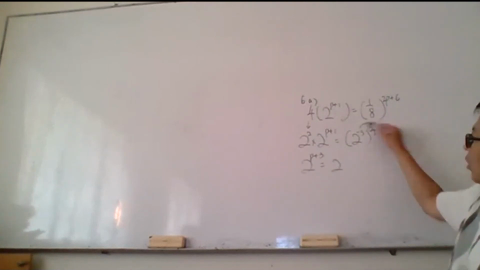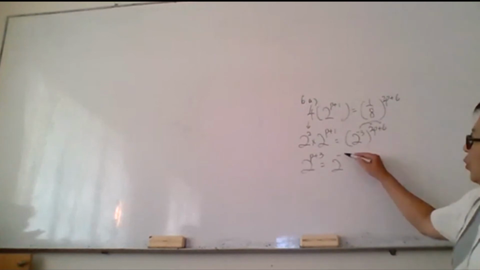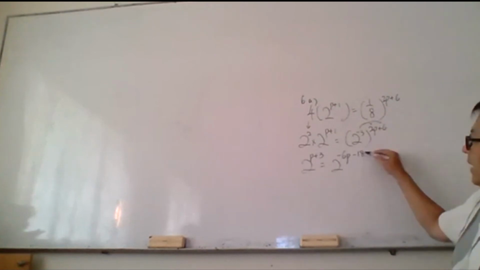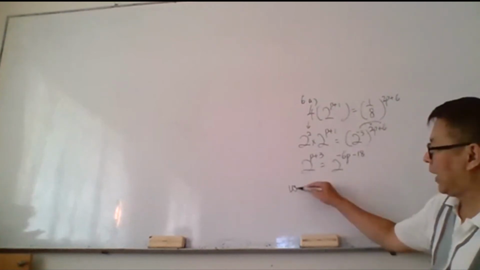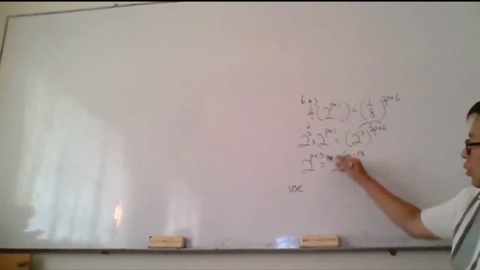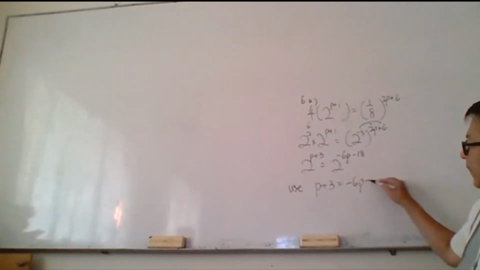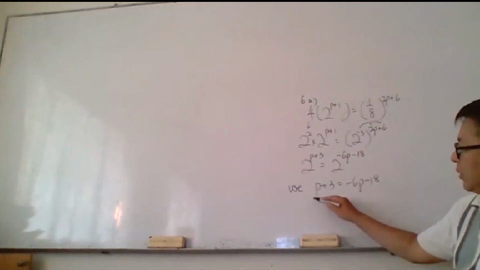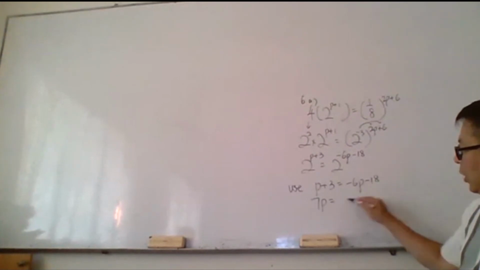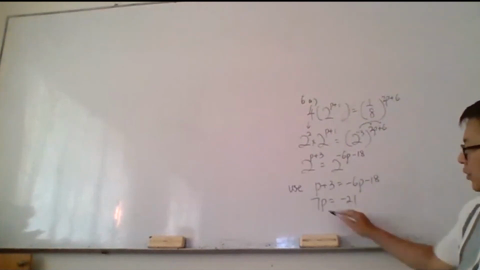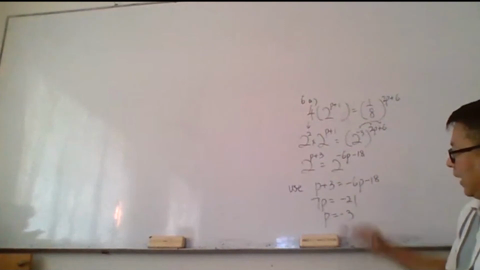Then the 3 will multiply the other 2, negative 6p minus 18. In order to find the value of p, we use p plus 3 equal to negative 6p minus 18. So 7p equals negative 21. So p equals negative 3.